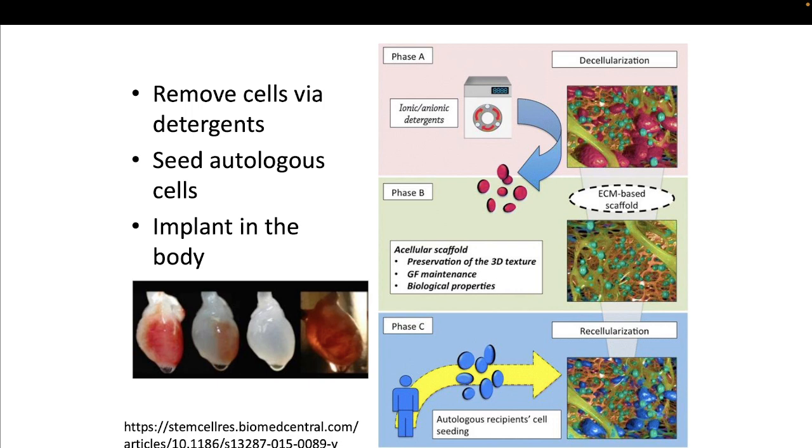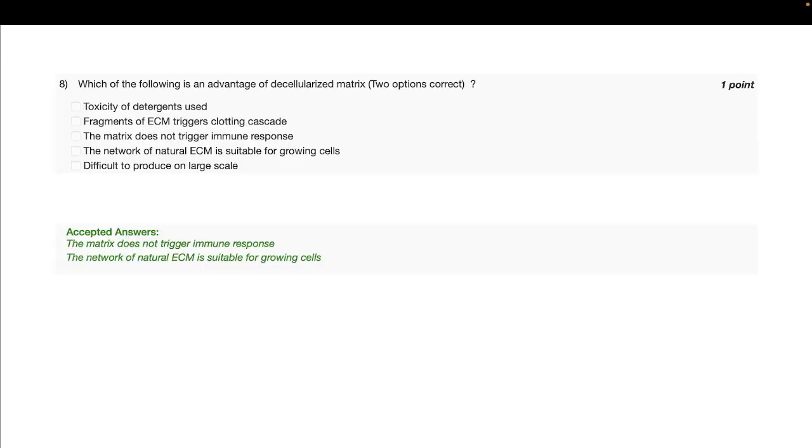Since the implant has the patient's own cells, there are fewer chances that it will be rejected from the patient's body. So this is one way to avoid immune rejection. The advantages of this system are that the matrix does not trigger immune response and the network of natural ECM is suitable for growing cells. Is this concept clear? That's why these two options are correct.